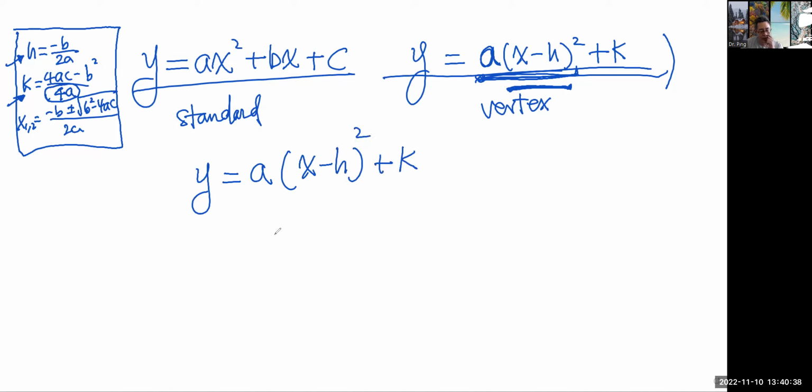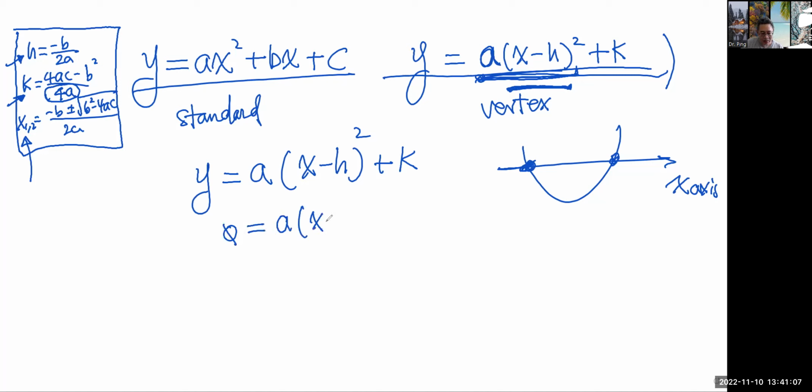And remember, what we're looking for is basically the x-intercept. At the x-intercept, y is 0, and that's basically what the x-intercept is. If you look at the x-axis, y is always 0. So there's x1, there's x2. Therefore we rewrite this as 0 equal to a(x minus h) squared plus k.